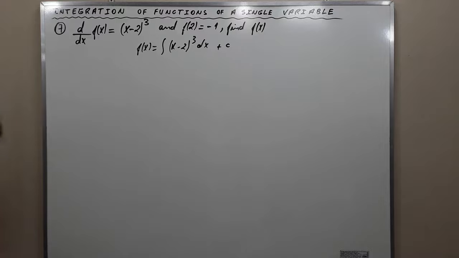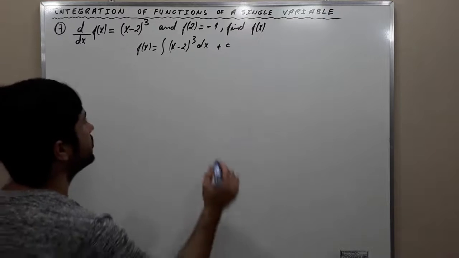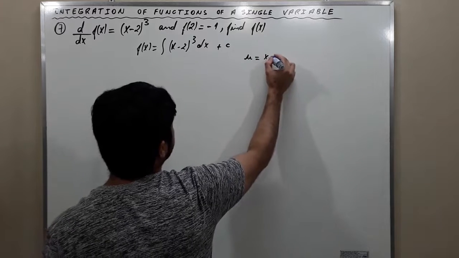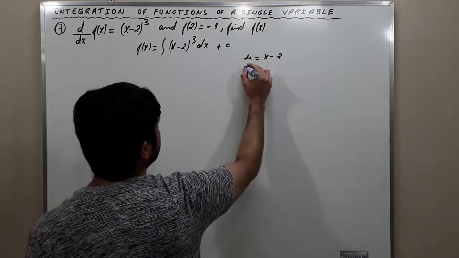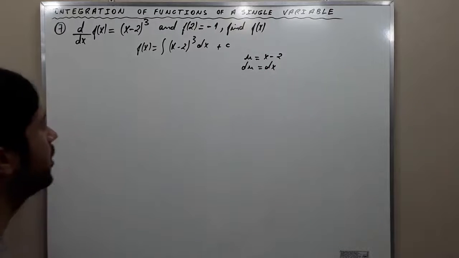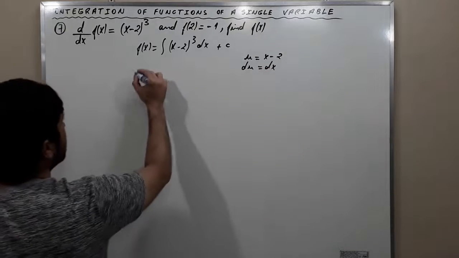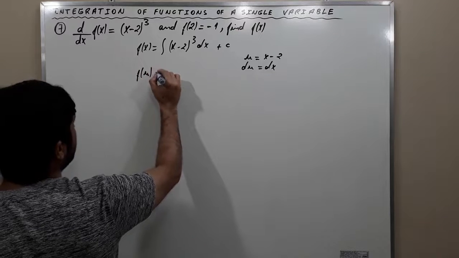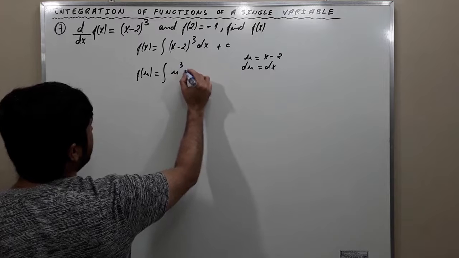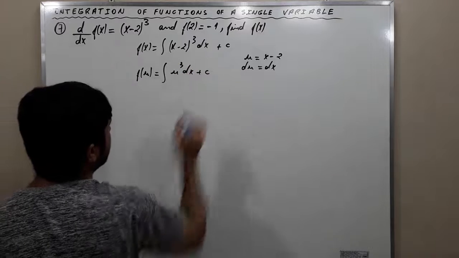And to calculate this, we are going to use u substitution, where u is equal to x minus 2 and du is equal to dx. Alright? Substituting this in the function, we find that f of u is equal to the integral of u cubed du plus a constant.